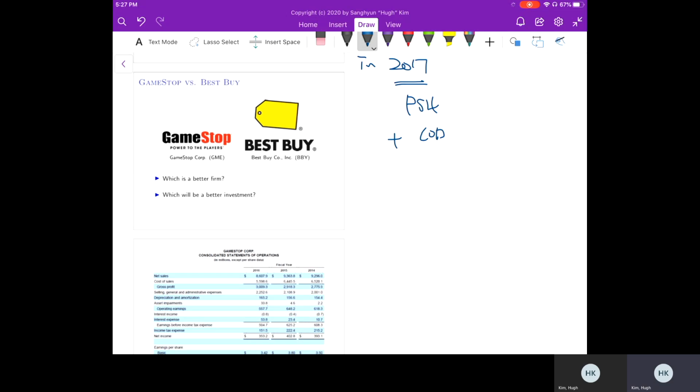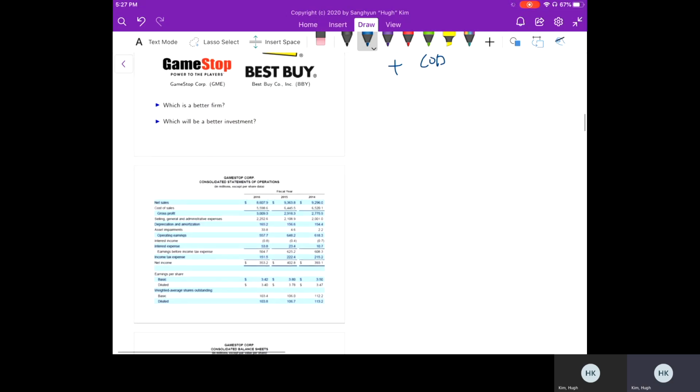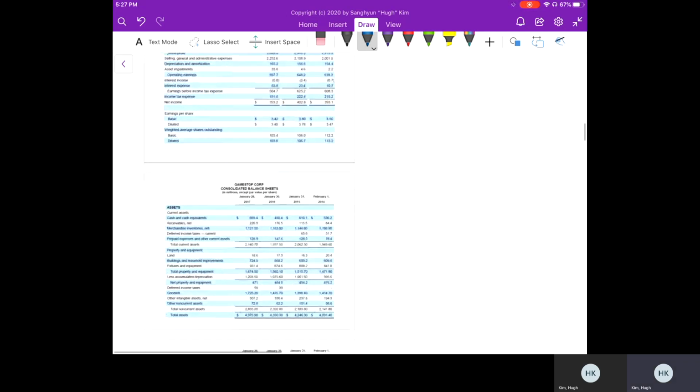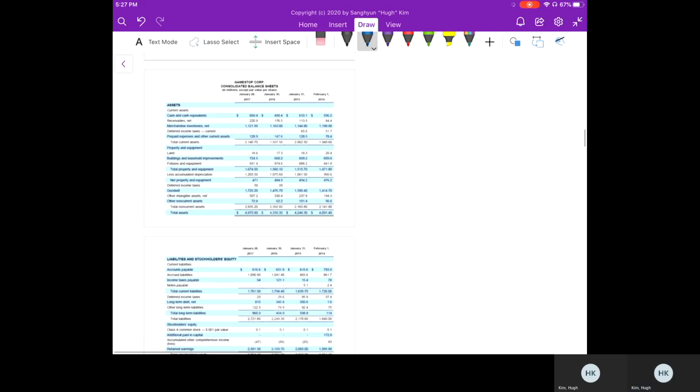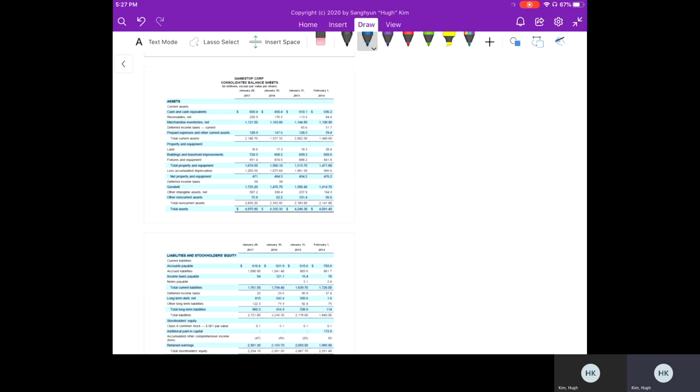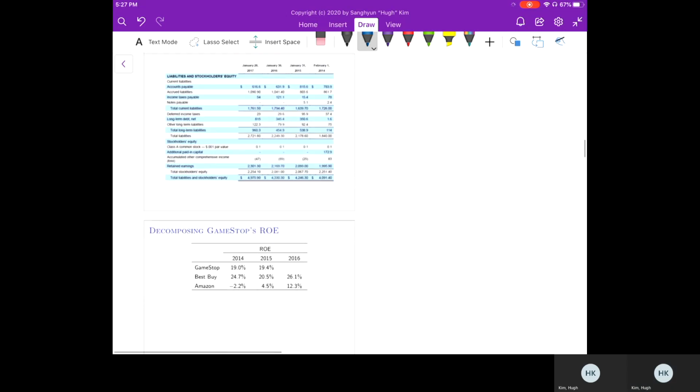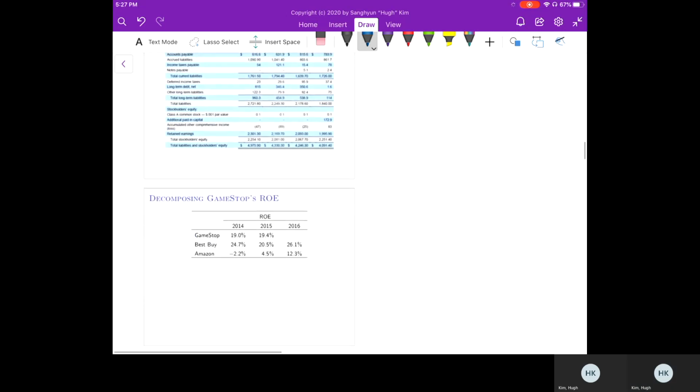Okay, so here we have the financial ratios for GameStop. Here, the income statement and the balance sheet. I have already calculated some numbers for you, except for the ROE for GameStop for 2017.